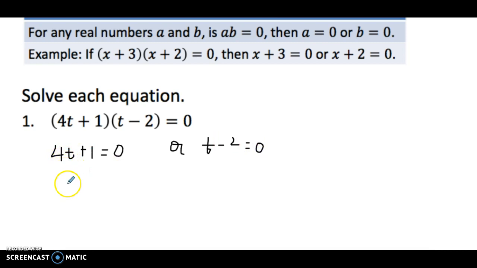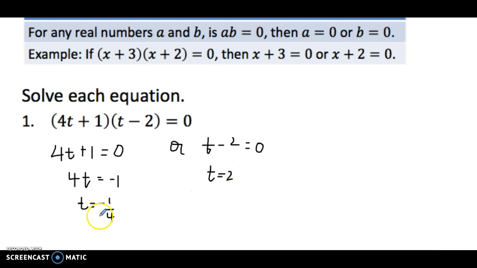Okay, when you solve for this, you get 4t equals -1, and then divide both sides by 4, and you get t equals -1/4. Okay, when you solve for the other one, all you do is you add 2 to each side, so you have t equals 2.